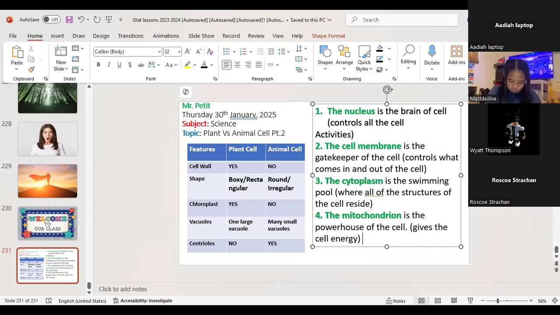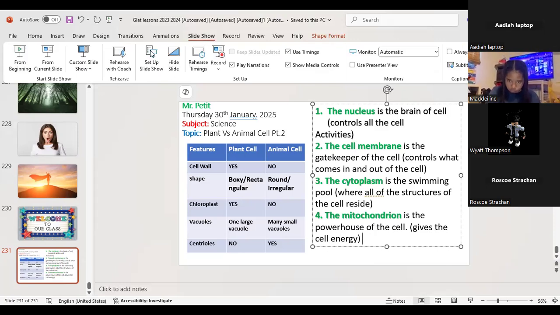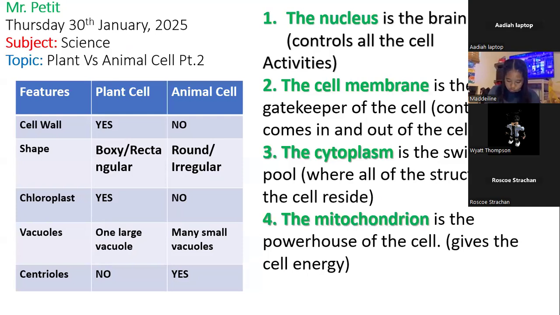All right. Wyatt, what do we know about the nucleus? The nucleus is the brain of the cell, controls all the cell activities. Very good. Roscoe, what do we know about the cell membrane?